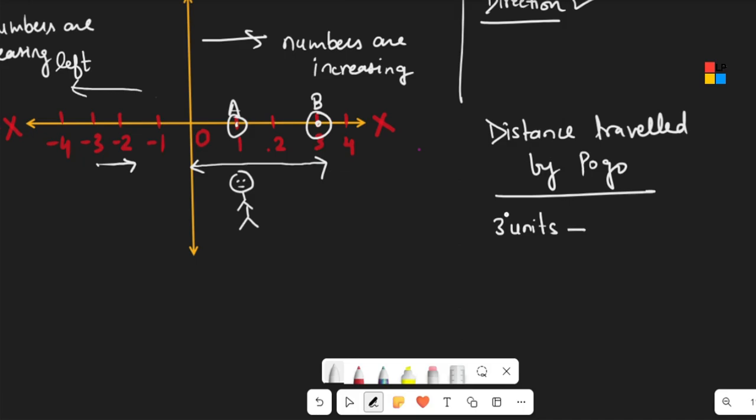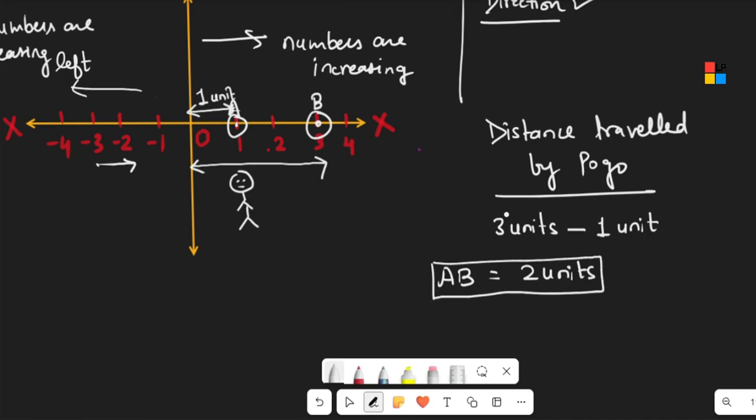Earlier he was at A, so it was a distance of 1 unit, because we do not know here it is in kilometer, meter, or miles or centimeter. So it will be 3 units minus 1 unit. That will be 2 units, or you can say the distance traveled by Pogo AB is 2 units.